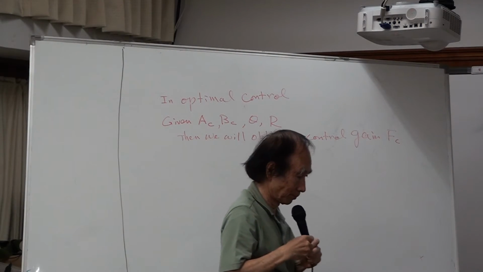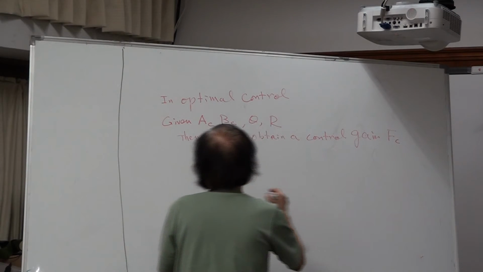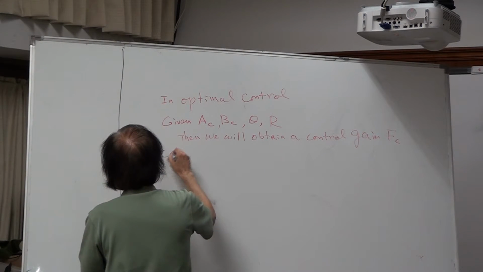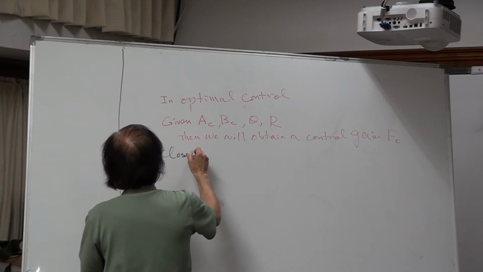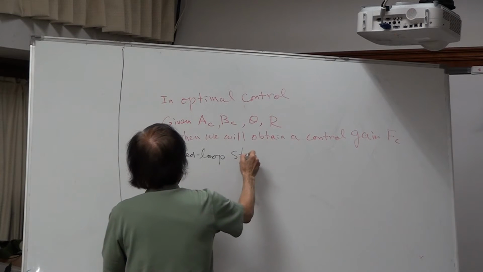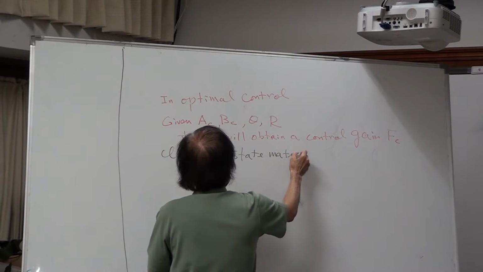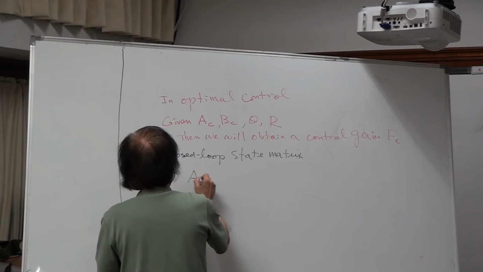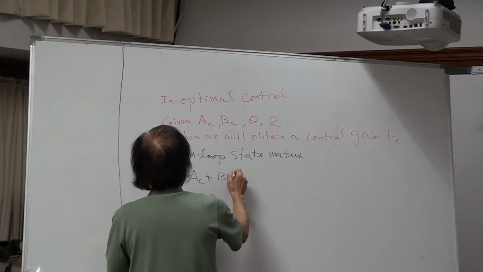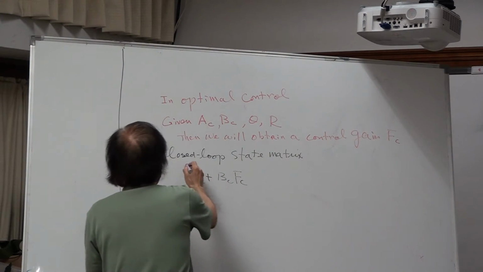This is interesting. Then the closed-loop state matrix will be AC plus BC FC.